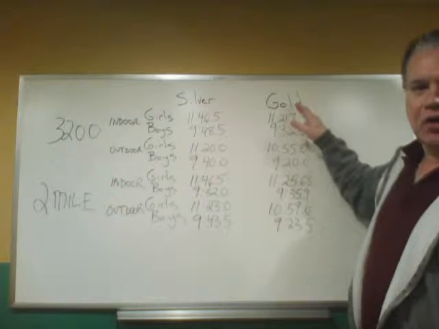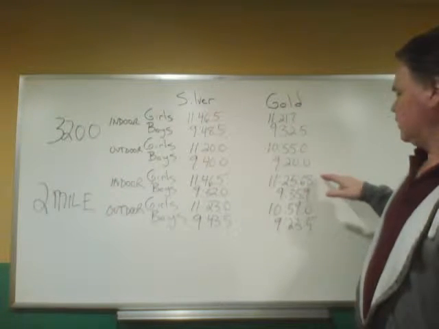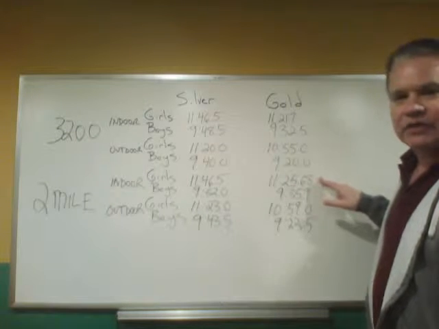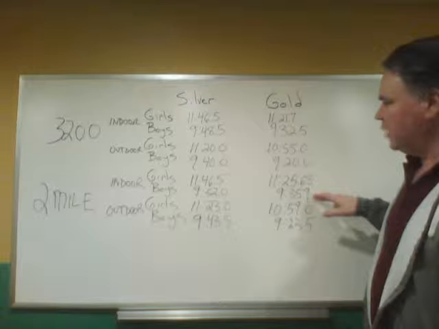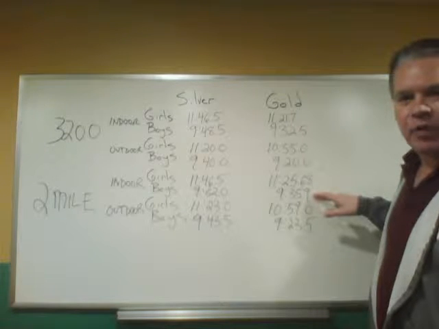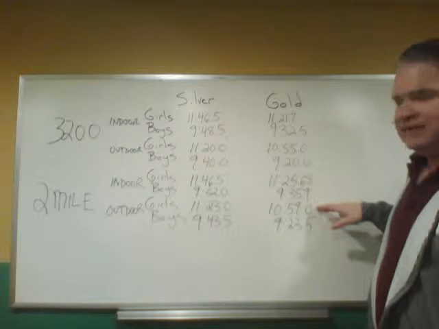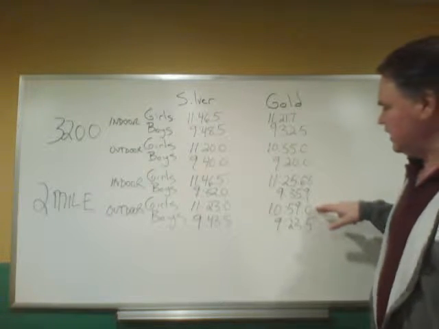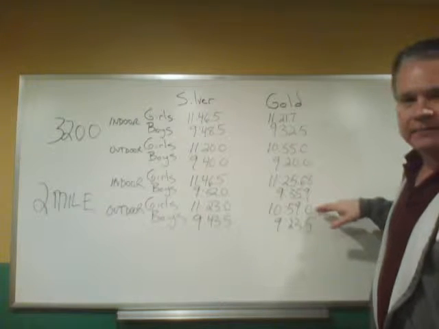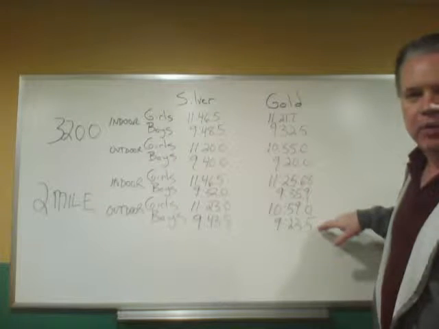Over on the gold elite side, in the 2 mile race, girls indoor is an 11:25.68, boys is a 9:35.9. Outdoors for the 2 mile, gold for girls is a 10:59 flat, and boys is 9:23.5.